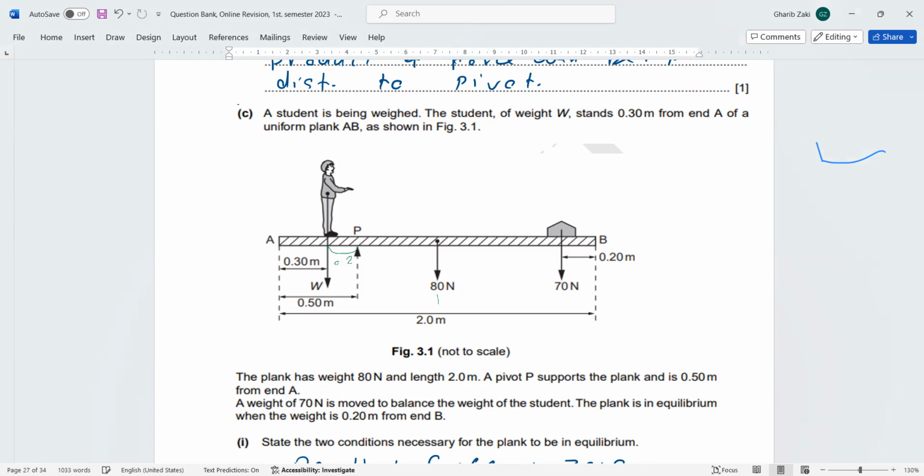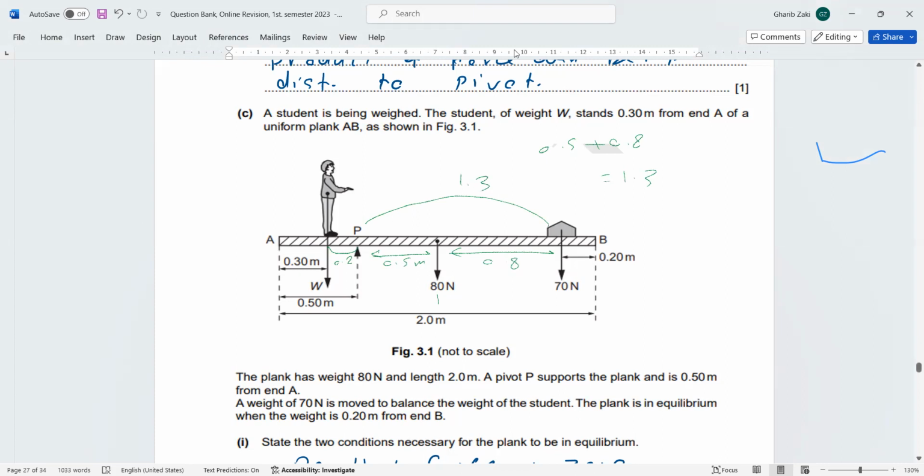And this is at the middle, so it's 1 meter. So this distance here is 0.5 meter. And this is 0.2, and the total is 1 meter, so this distance is 0.8. Then the total from 70 to the pivot is 0.5 plus 0.8 equals 1.3. We just need to get the distance from the pivot.